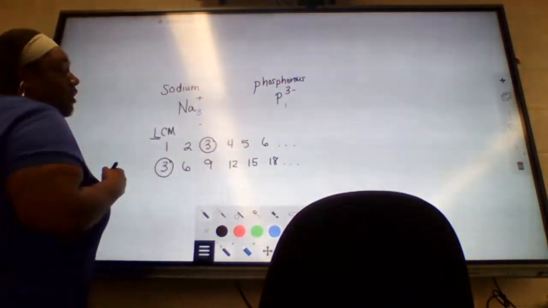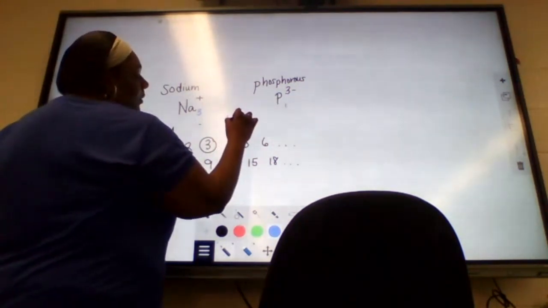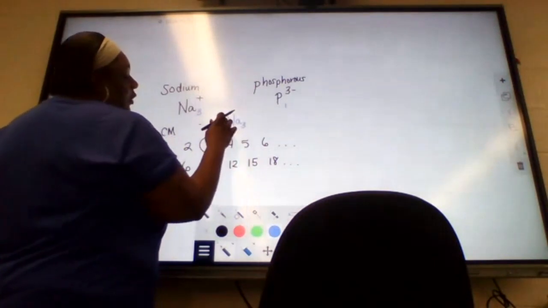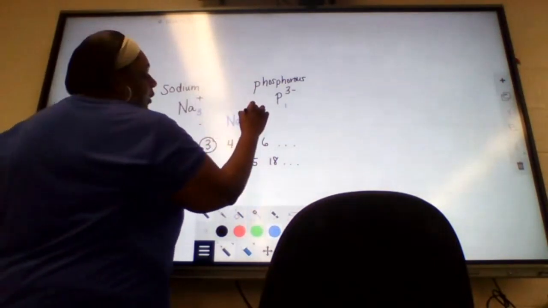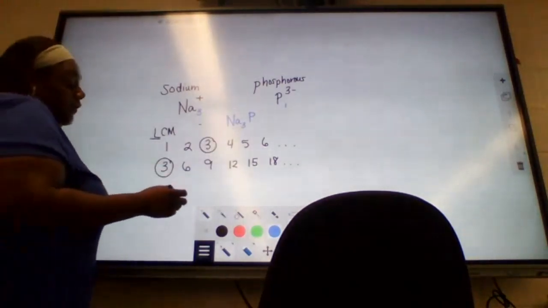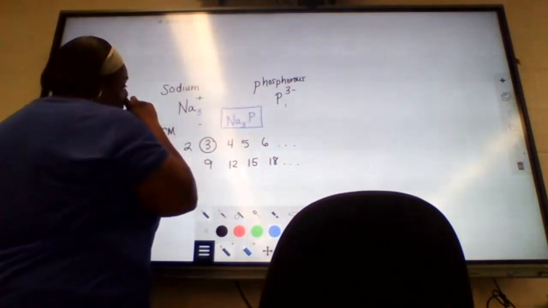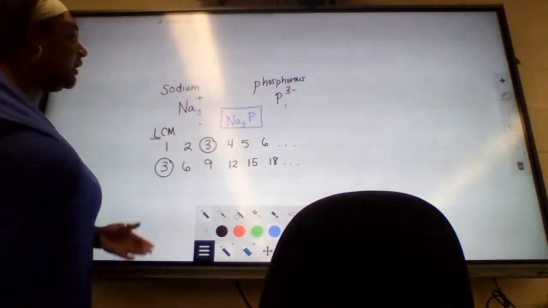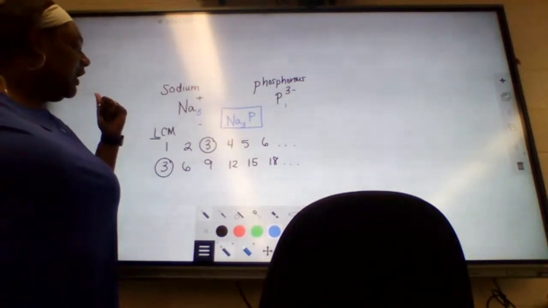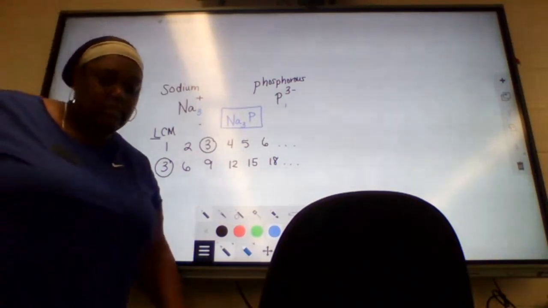That answer is 1. So when I write the correct formula for this compound, it would have 3 sodiums, so Na subscript 3, and 1 phosphorus. And now remember, 1s are understood, so we do not have to show 1s at all. And so the correct formula for the combination of the sodium atom and the phosphorus atom is Na subscript 3P.